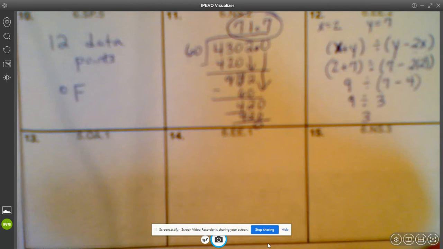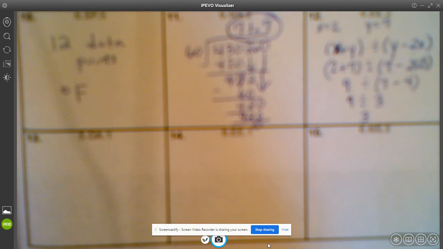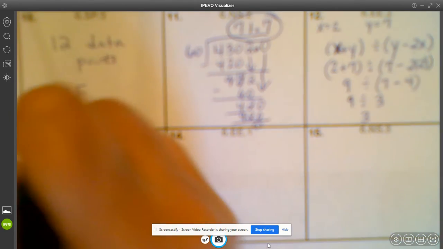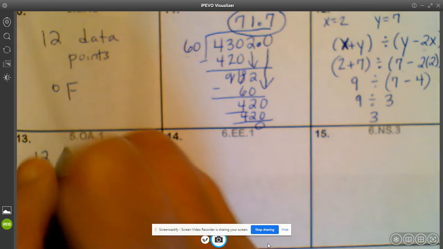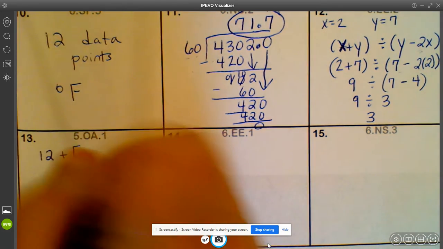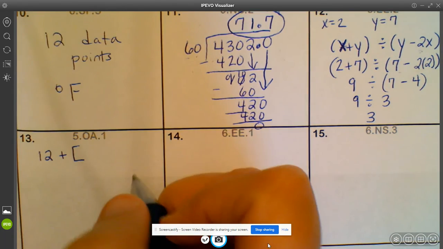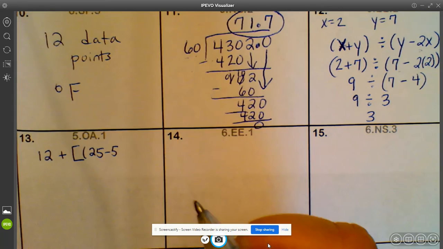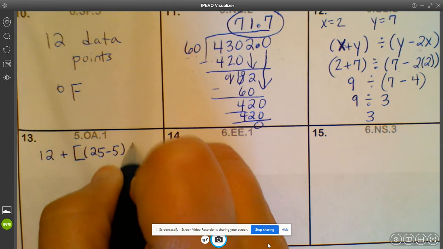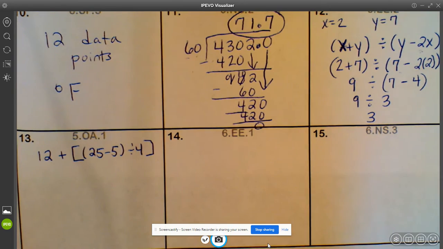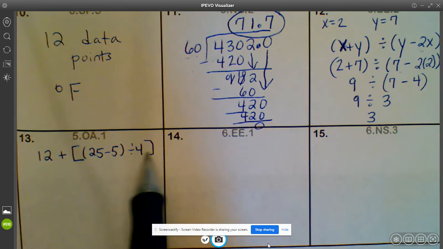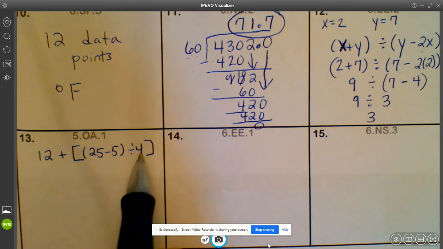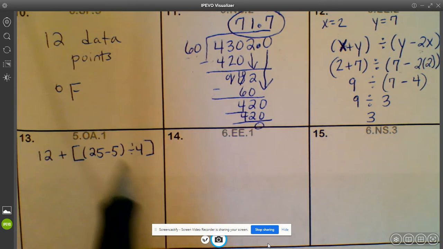Okay, and number 13 is a review of a 5th grade standard. We again are following the order of operations, this time without variables. We do have some brackets. So 12 plus brackets 25 minus 5 in parentheses divided by 4. So I'm going to start with my brackets here, and inside my brackets I have to follow the order of operations.